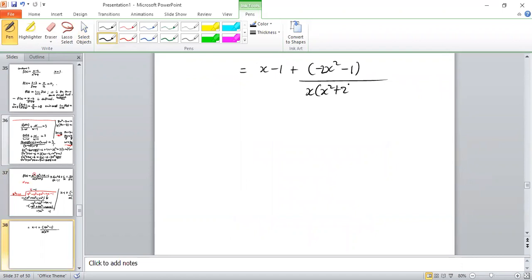Plus 2. Then this, you have already, so resolve this partial.